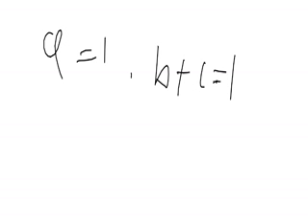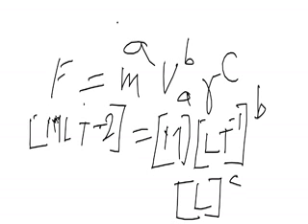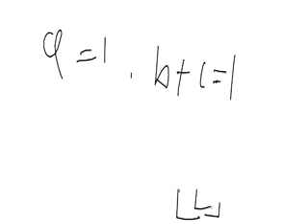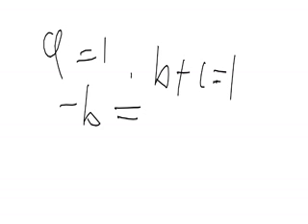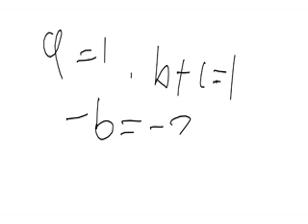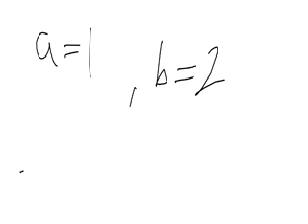Here L to the power b and L to the power c both have the same base, so they will add together. And the last one: minus b equal to minus 2. So we have a equal to 1, b equal to 2, c equal to minus 1.